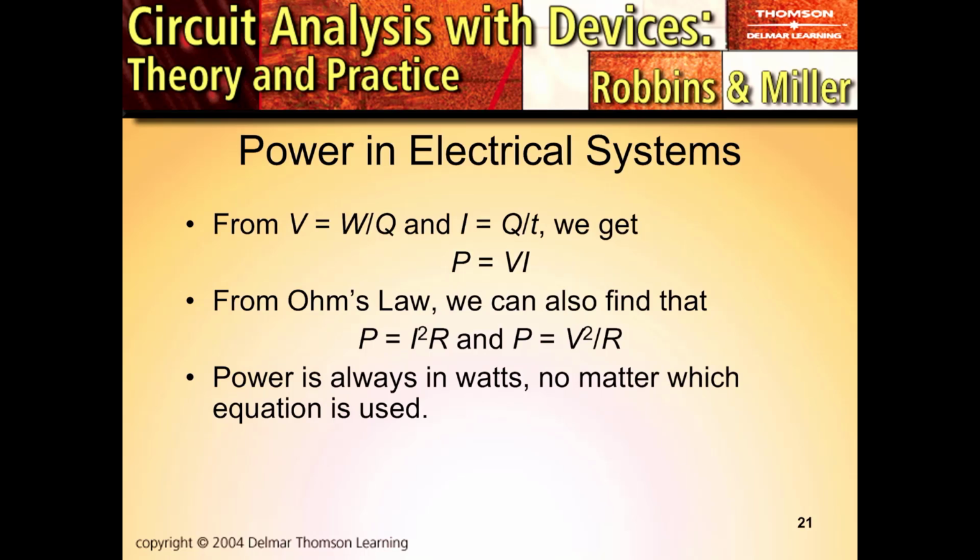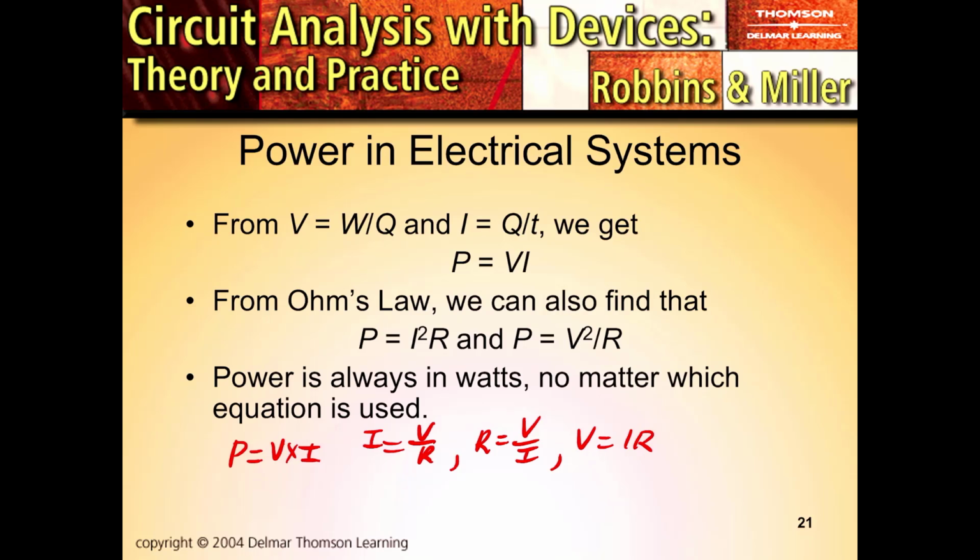So what does that mean? Well, if we have P equals V times I, and we have Ohm's law for I equals V divided by R, we also have R equals V divided by I, and we have V equals IR, we can combine Ohm's law and P equals V times I to come up with all relationships of power for any two quantities.